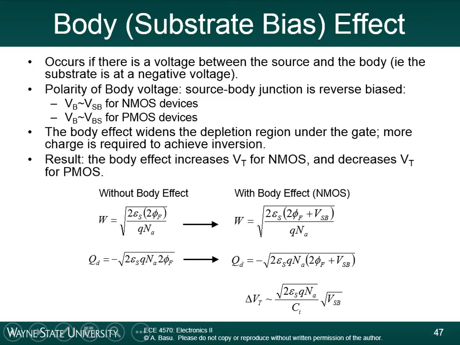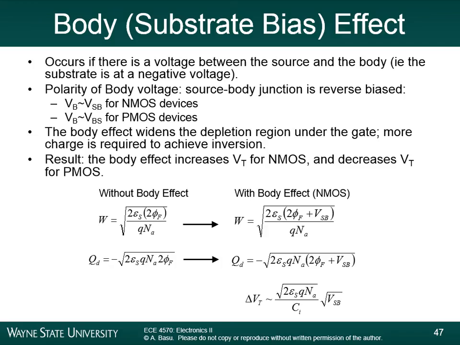If you take this into account in the threshold voltage equation, you'll see that the change in the threshold voltage is approximately equal to this amount multiplied by the square root of the source to body voltage. A simpler way I could ask this on a test is: calculate the threshold voltage of this device without the body effect, calculate it with the body effect, and compare the two.